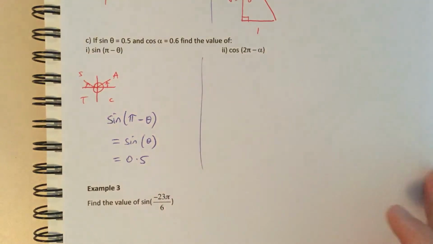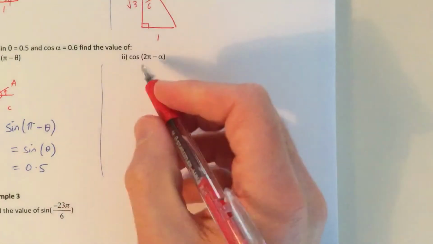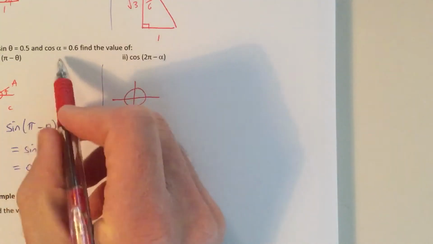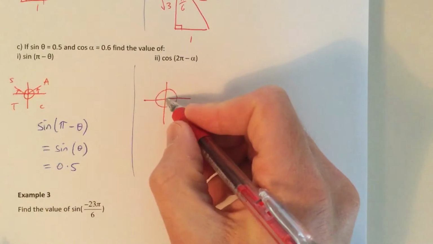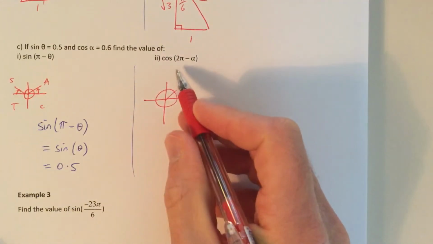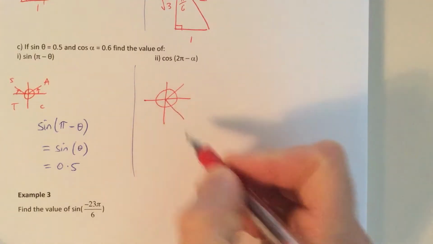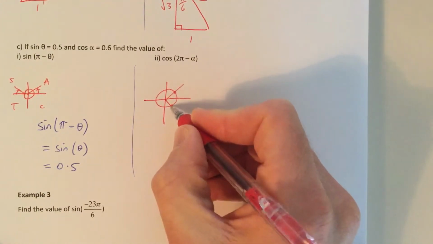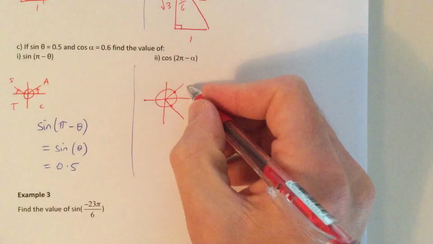For the second one here, again, similar idea. If we think of our unit circle, we knew something about cos of alpha. Cos of alpha was equal to 0.6. 2 pi minus that same angle is just going to put us down here in the fourth quadrant, but again, with symmetry, we know that the value of 0.6 is going to stay the same.